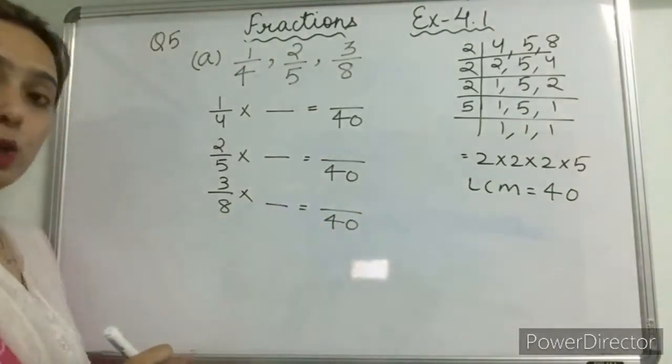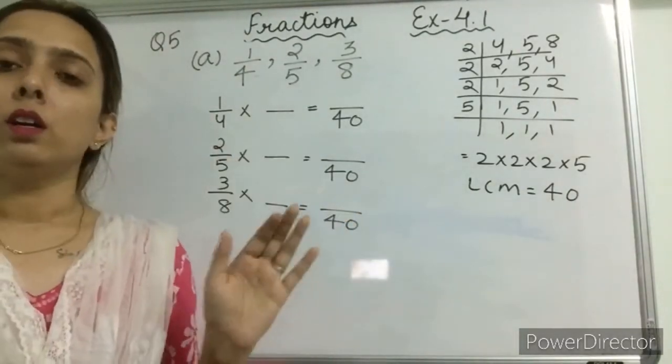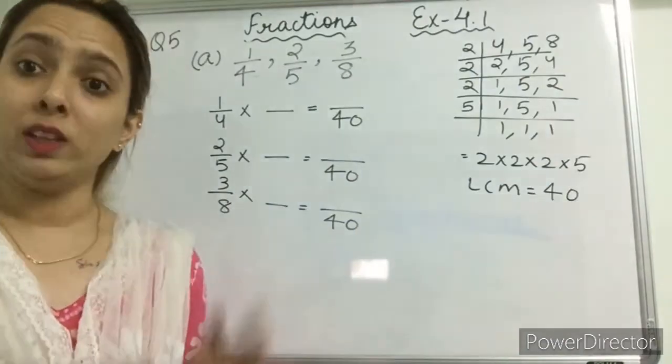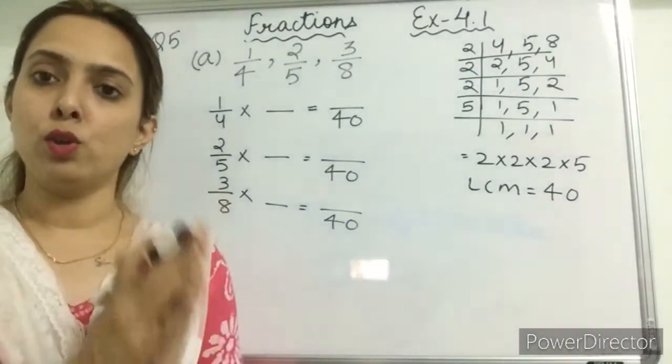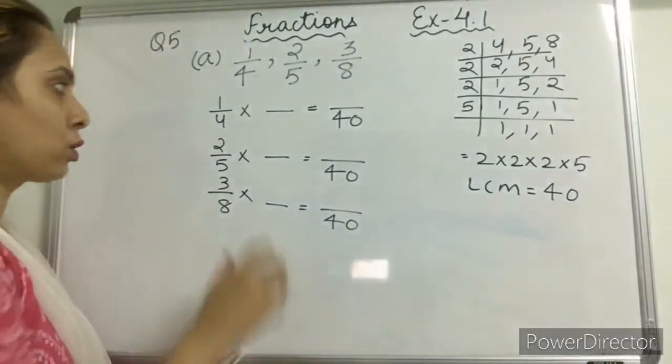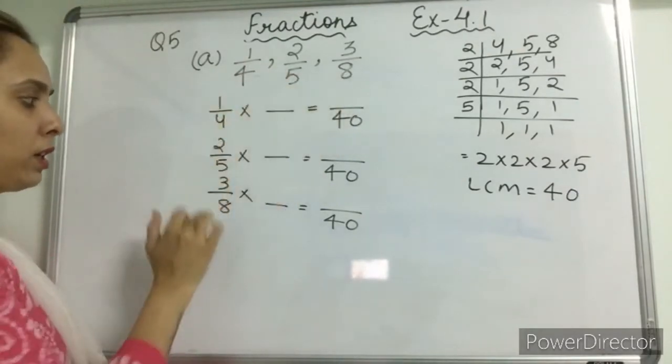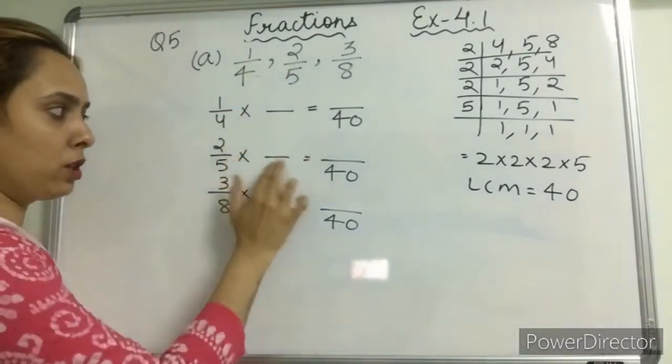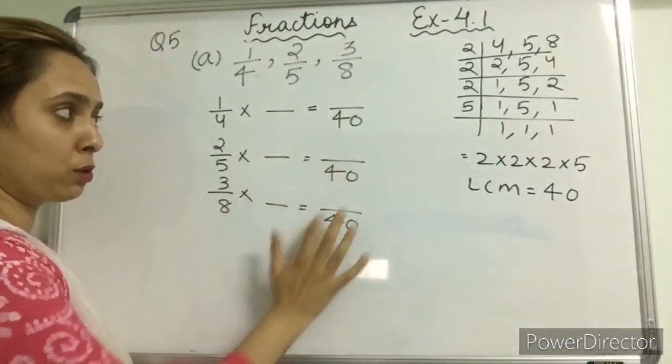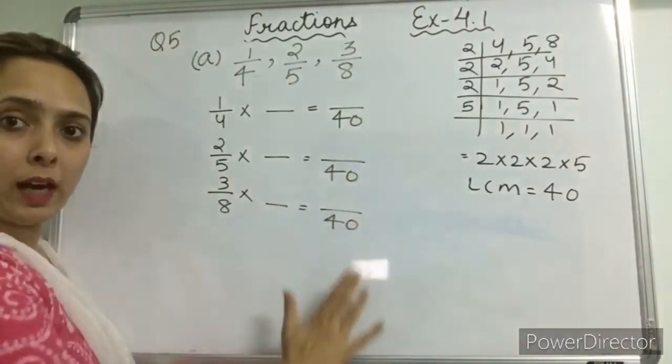In this way you will follow all these steps which I am teaching you. In this way only the solution will become much easier. So I have written all the fractions here, then multiply, then fractional bar equals to. Now denominator I have written 40.